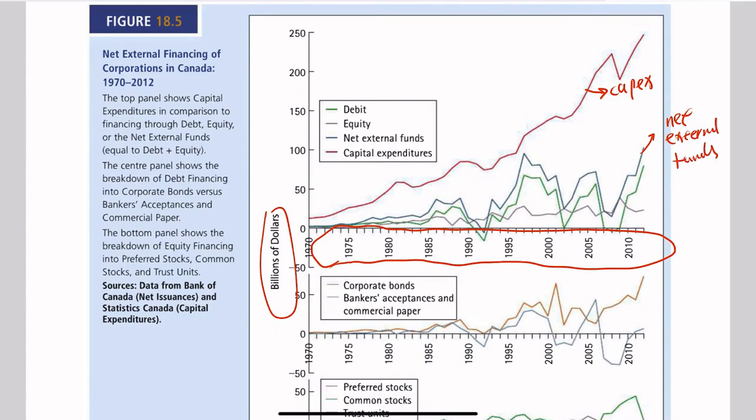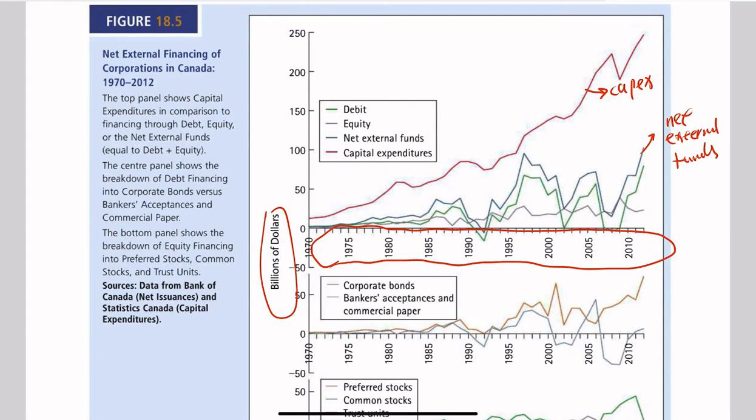That is the total amount of money firms get from external channels. What are external channels? Well, issuing equity and issuing debt. So essentially, this blue curve gives you the total amount of money firms get from both equity and debt.